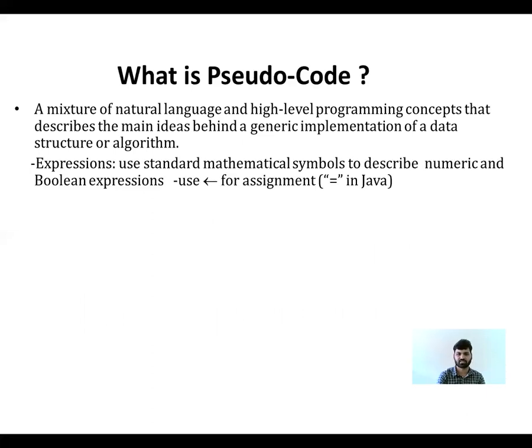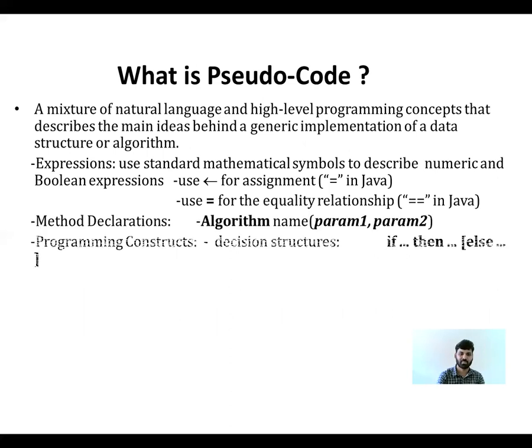I have just again explained that pseudocode. In pseudocode you can define various method declarations: algorithm name, parameter 1, parameter 2, the various attributes you can pass to the function. Various decision structures I can mention in pseudocode: if else, if then else, nested if else.